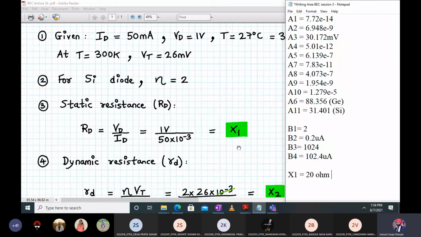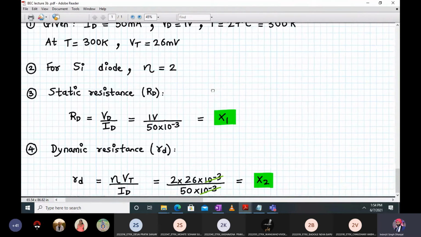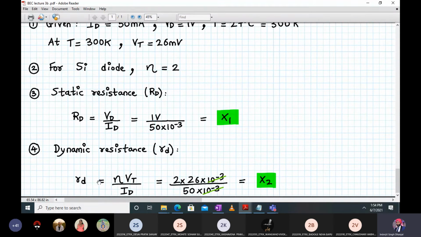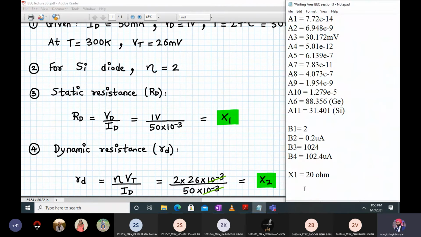Whenever the diode is forward biased, the static resistance is very small. Now next, the dynamic resistance is given by this formula: small rd is given by eta VT upon ID. Eta value is 2, VT value is 26 millivolts, ID value is 50 milliamperes. So basically the 10 raised to minus 3 gets cancelled. Tell me the value of X2.